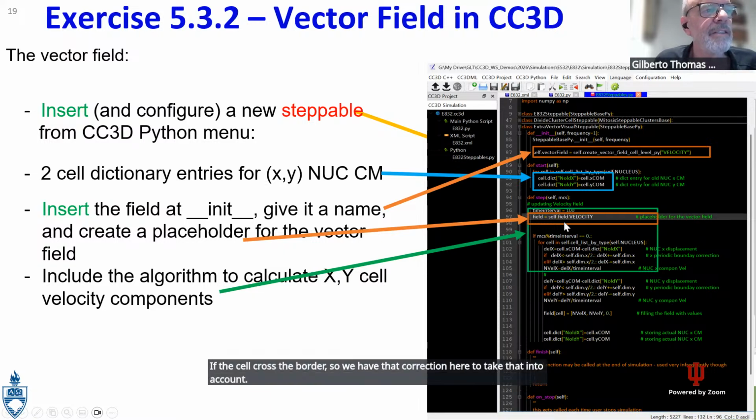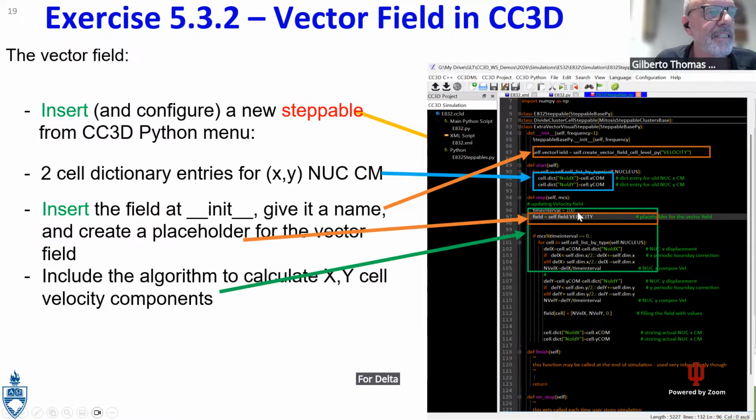For delta, it was displaced here. The green box should be a little bit to the bottom here to include the lines 107 to 110. Okay, those are the subroutines you already know from before.